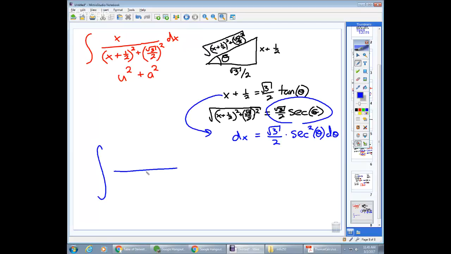So the constant is 3/4 secant squared of theta. And then dx is square root of 3 over 2 secant squared of theta d theta. That's nice. What happens in the numerator?